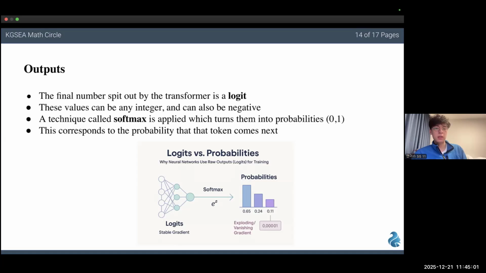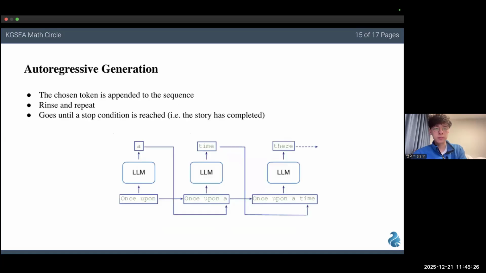So this corresponds to the probability that that token comes next. For example, if one token has, let's say, 99 as the logit value, it's going to raise e to the power of that, which is a really big number, and we divide that all over the sum. So that's going to have a very high probability that's reflected in the probability distribution.